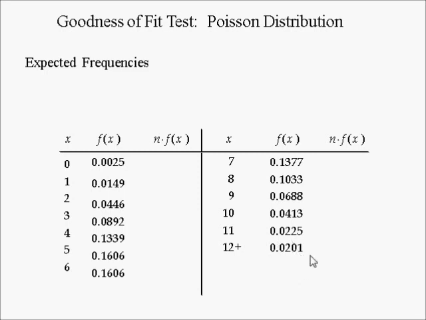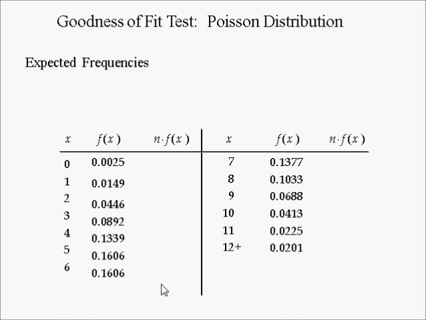Because in the Poisson distribution, there is no limit to x. The probability will fall and get closer and closer to 0 as x gets larger and larger. But we only had x equal 12 in our sample. So when we compute the probability for x equal 12, we have to calculate the probability that x is greater than or equal to 12. Hence the 12 plus here.